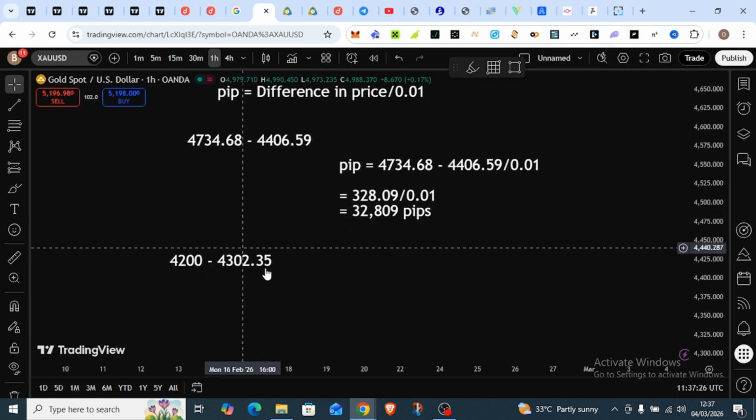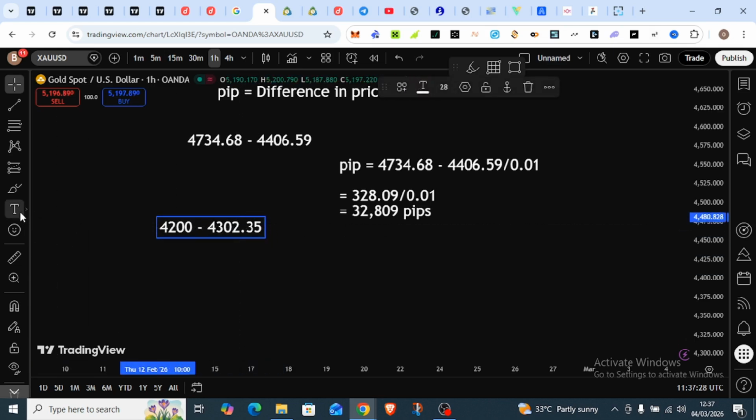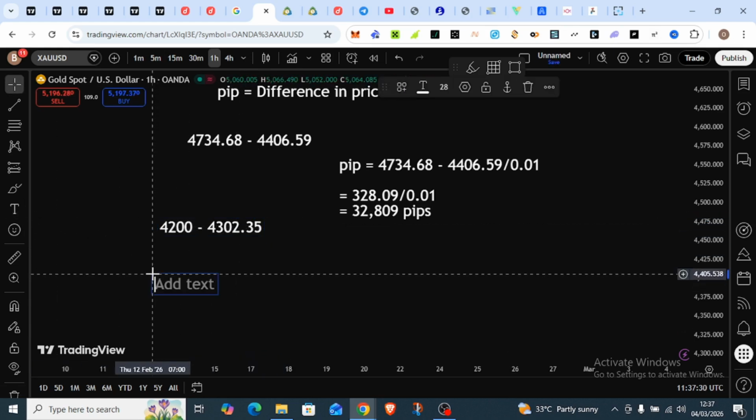The pip using the same formula is equal to 4,200 minus 4,302.35.